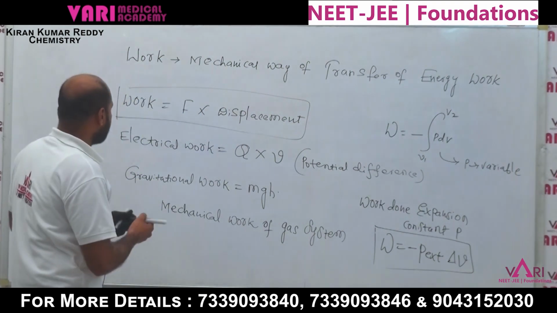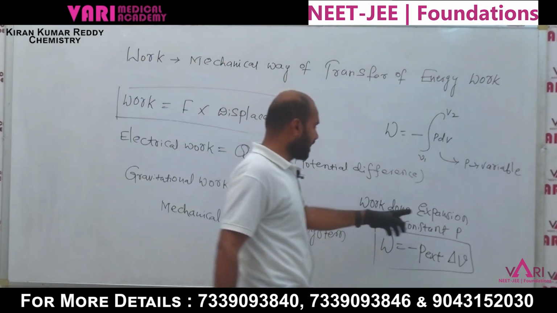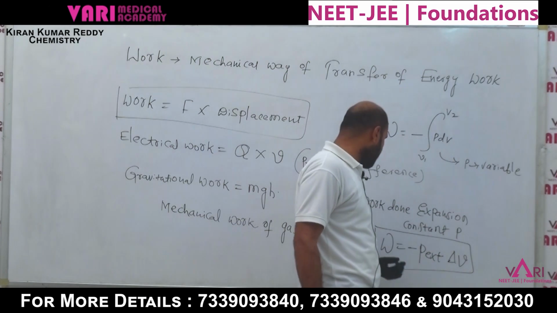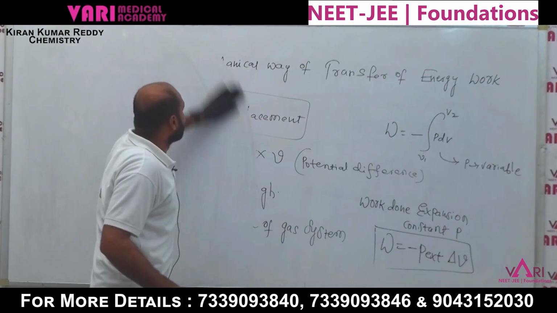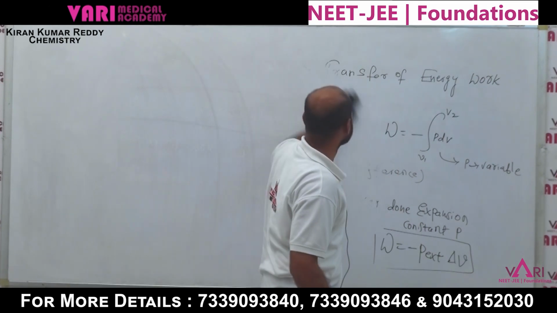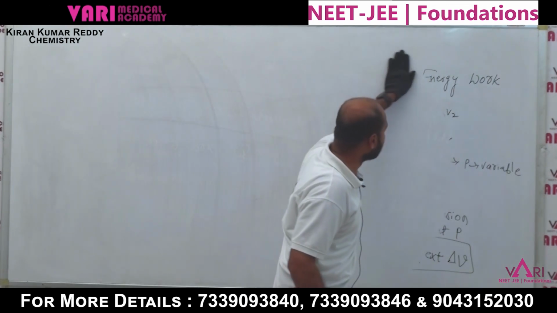Next we have to remember some points. Work done in expansion of the gaseous system, W is equal to minus P external delta V. In chemistry, work done on the system is positive, work done by the system is negative.